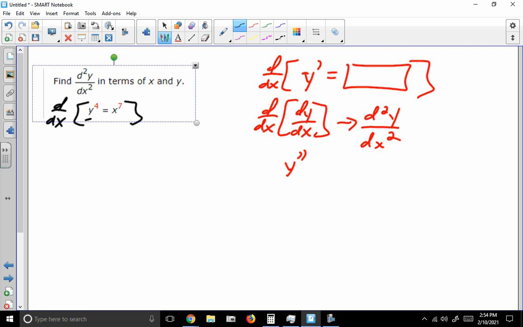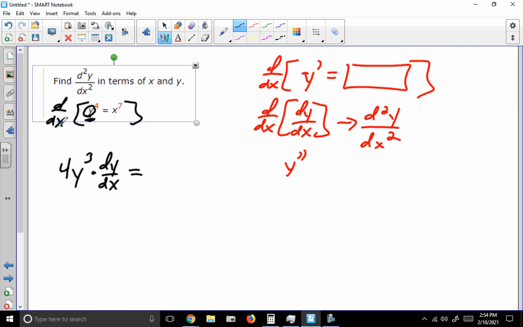This is not x. So the chain rule, general power rule, so bring the 4 down. Y to the 1 less power times the derivative of the inside function. The inside function is y. The derivative of y is dy over dx.